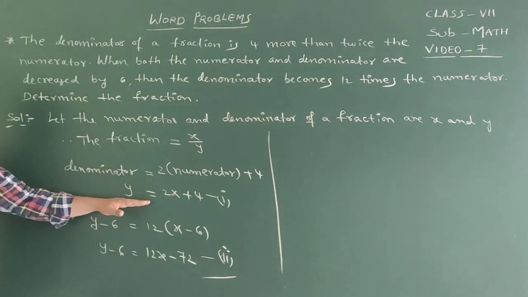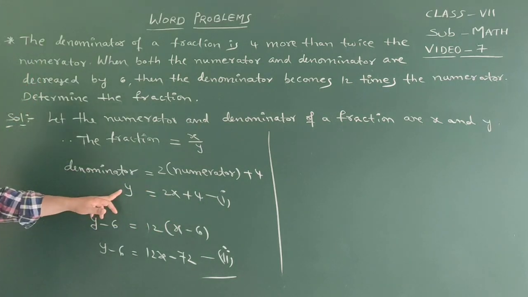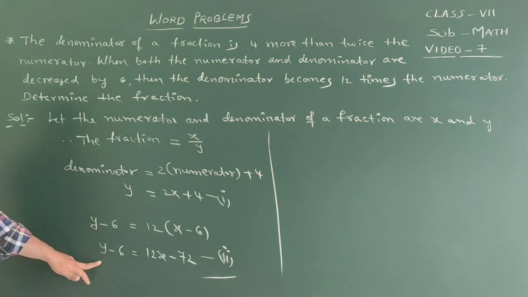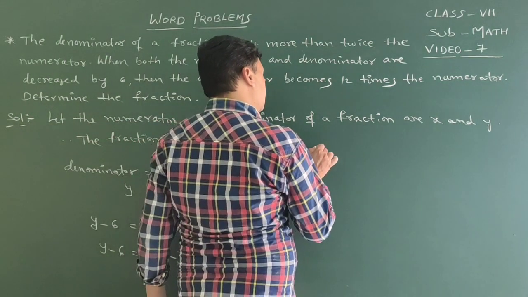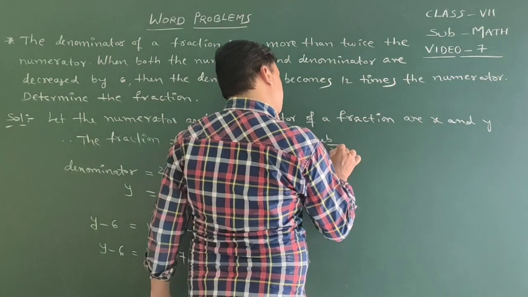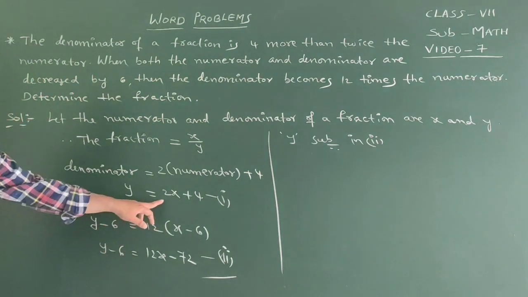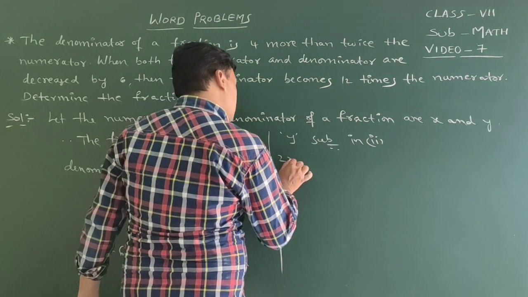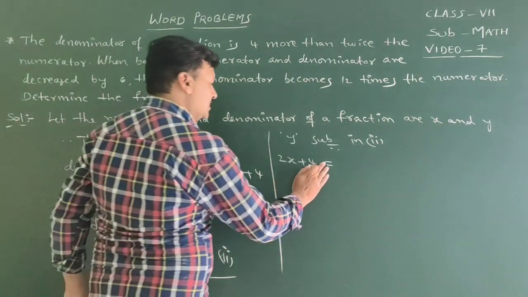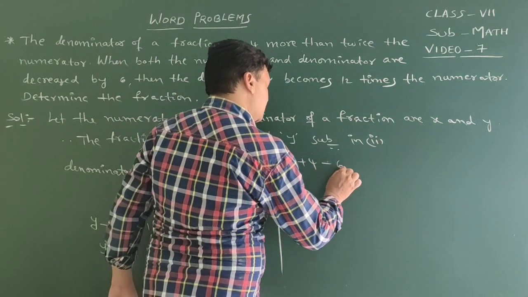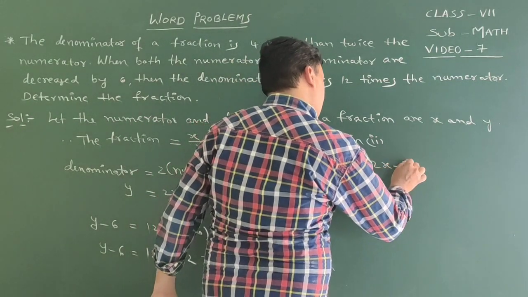So y in terms of x we already have, 2x plus 4. Substituting y in the second equation, 2x plus 4 minus 6 equals 12x minus 72.